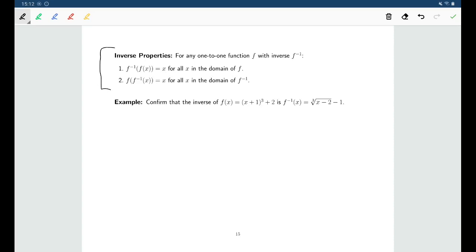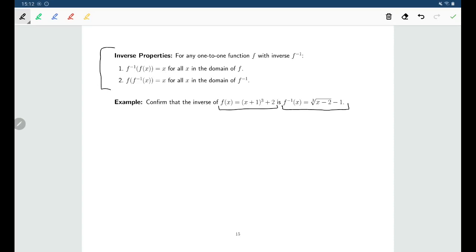This is how you can confirm that a function that you have and the inverse for it, that they are inverses of each other. So suppose I have my function f and I want to confirm that this is f inverse.